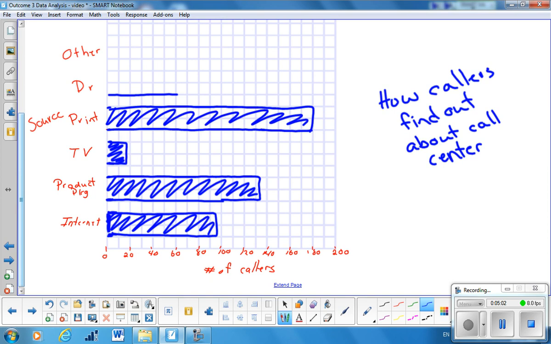So that means I need to come over just under 8 squares and fill this one in. Our last source was other sources, and there were 12 other sources. So just over 1 square and fill in our bar. And there's a horizontal bar graph showing how callers found out about the call center.